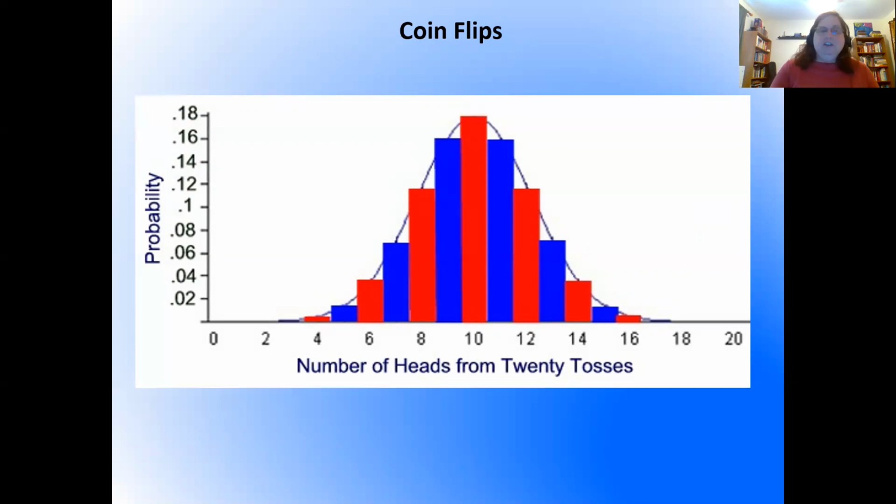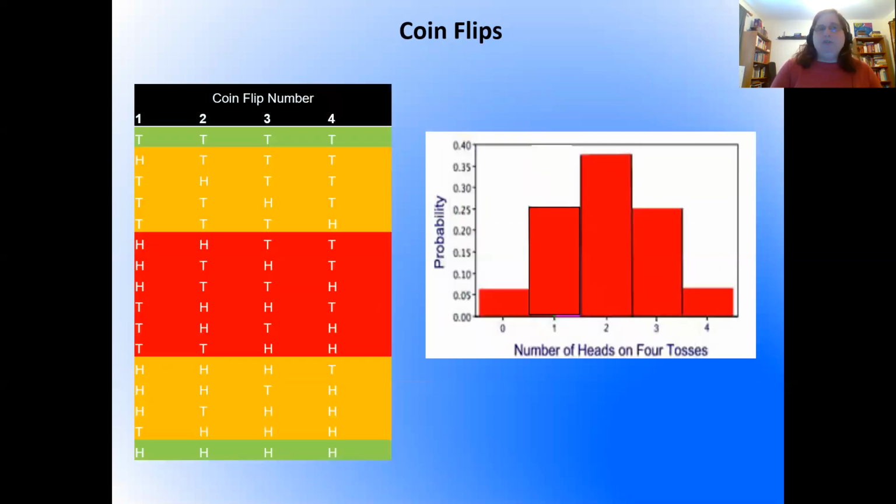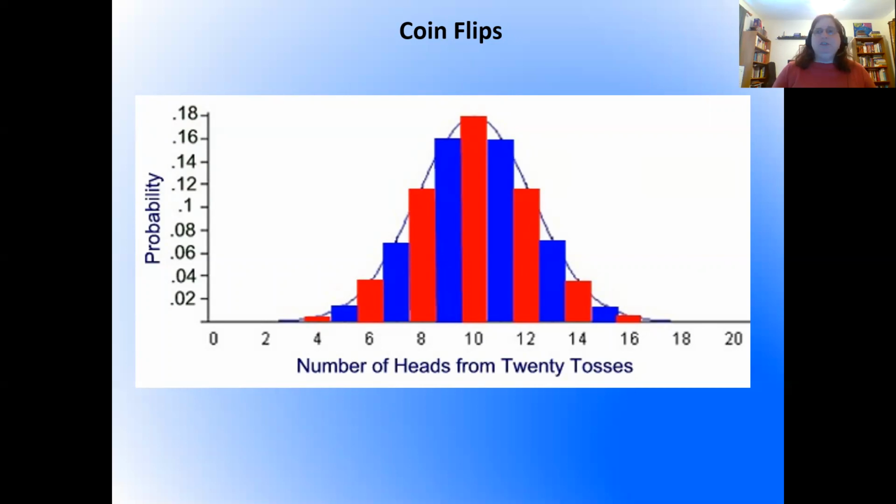Okay. So there are a couple of reasons why I wanted to build you up. A, I wanted to get you a little more familiar and comfortable with this notion of probability. B, I wanted you to see this shape that was starting to form. Does this look familiar to anyone? Maybe you've seen it somewhere before. It's starting to look like what we call a bell-shaped curve or a normal curve.